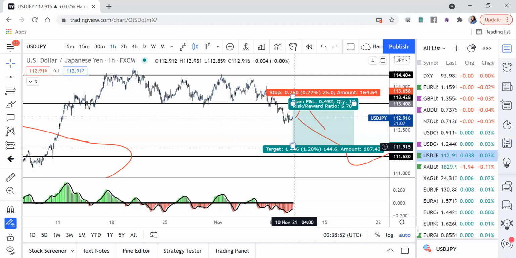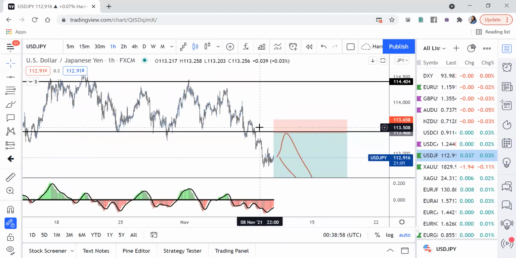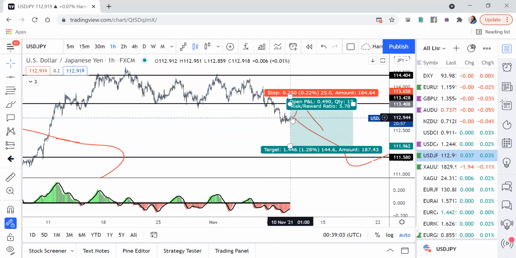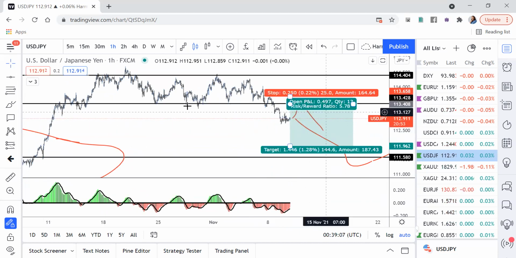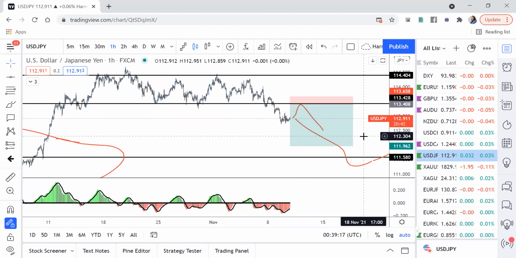Plus, you want to give yourself some time to plan for the next setup too. All right, you don't want to be jumping from one to the next. So this will be my order because I'm looking for UJ to retest the structure that it broke. All right. I'm looking for structure to be retested and then the continuation to the downside.